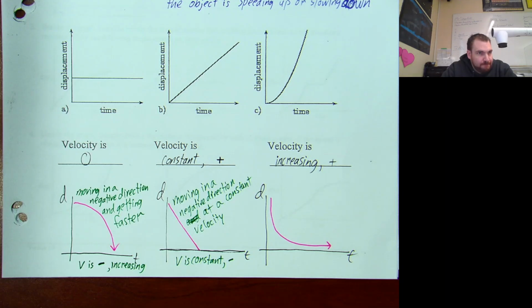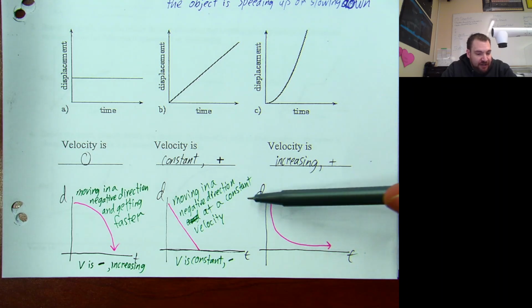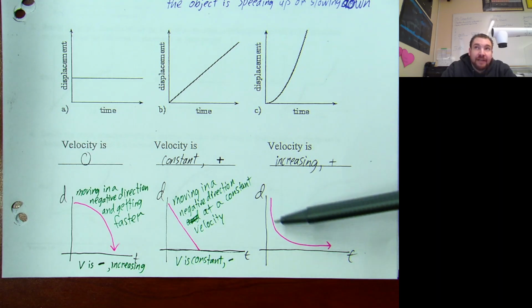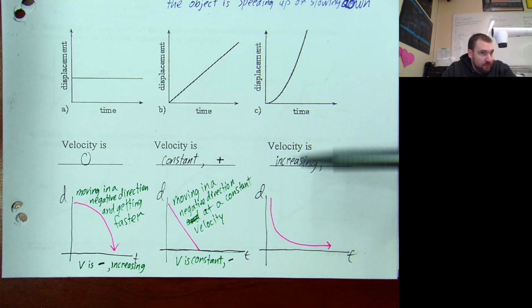Last one. If this is the line demonstrating the path of an object on a displacement time graph, what is happening here? Talk to me about the velocity first, and then we'll talk about the object. Manuel.